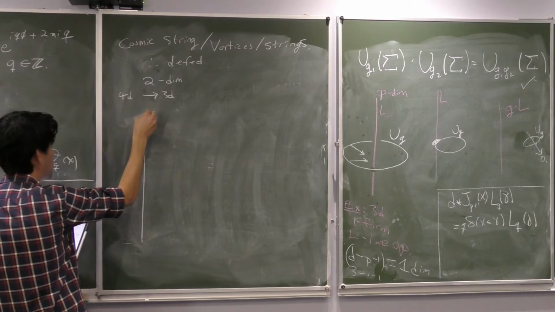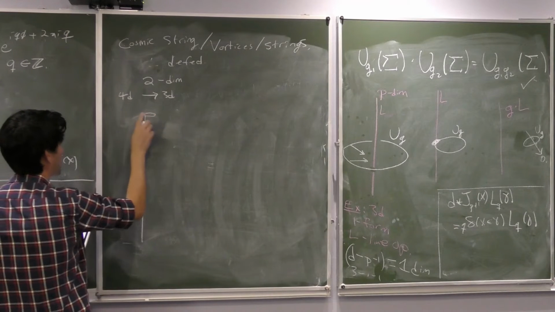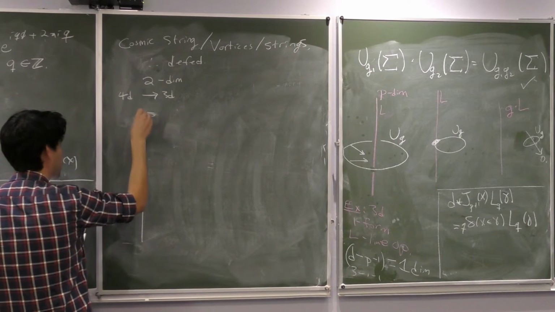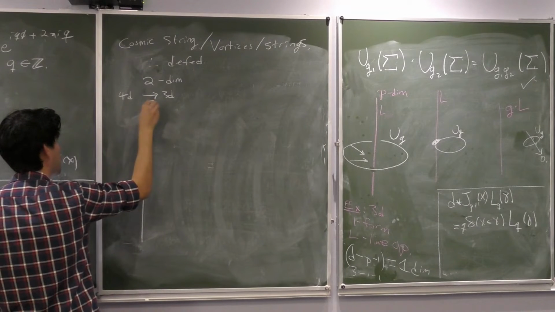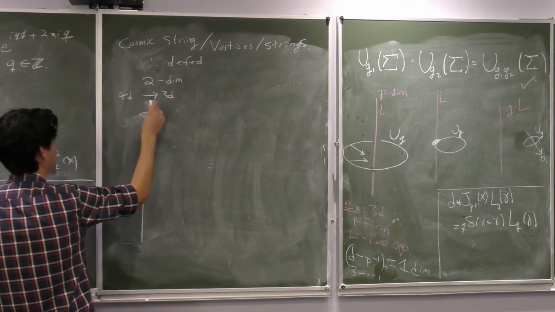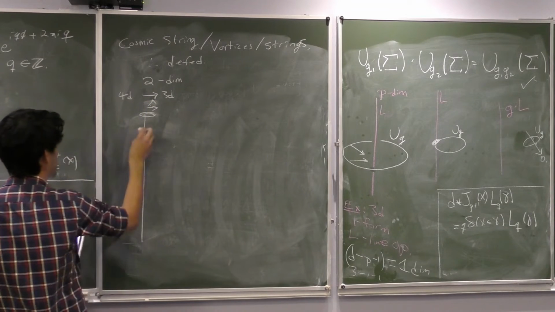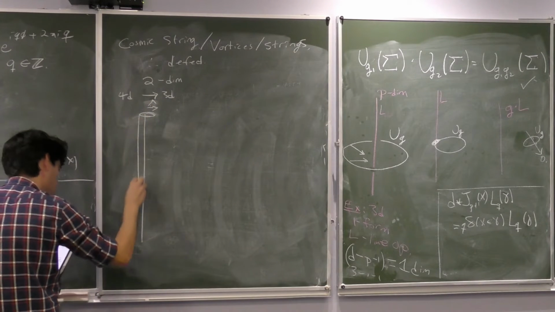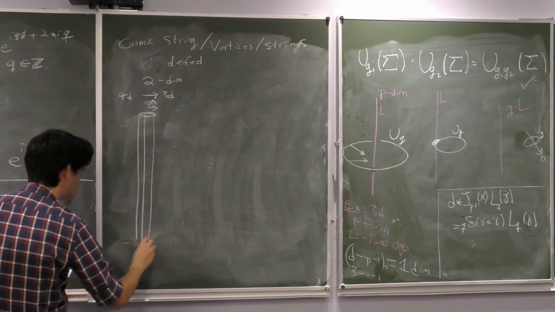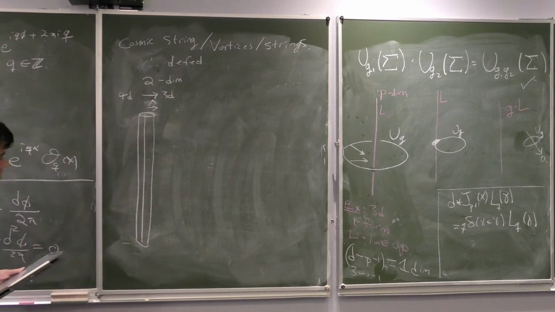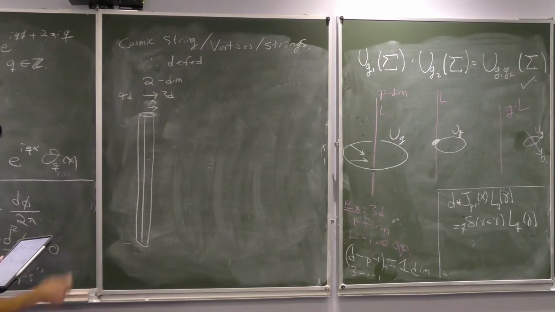And what you do is you take a little tube around it, say there's some little radius, let's call it lambda, since r is this parameter here. You put a tube around the entire line that you drew, and you cut this out of your space-time.